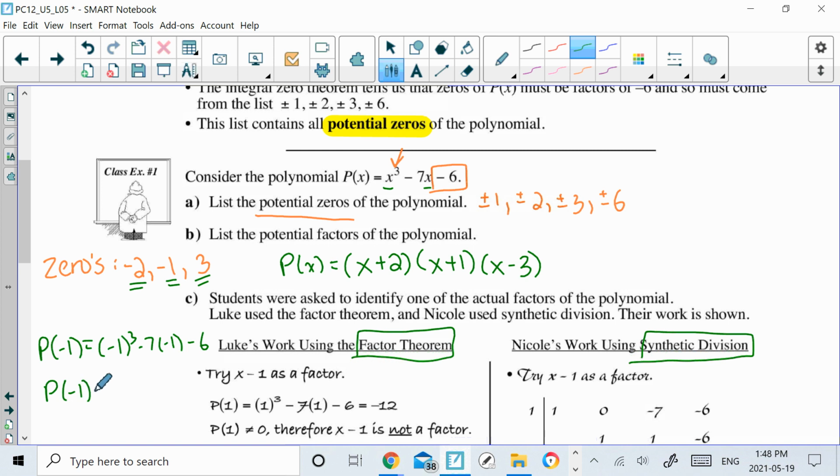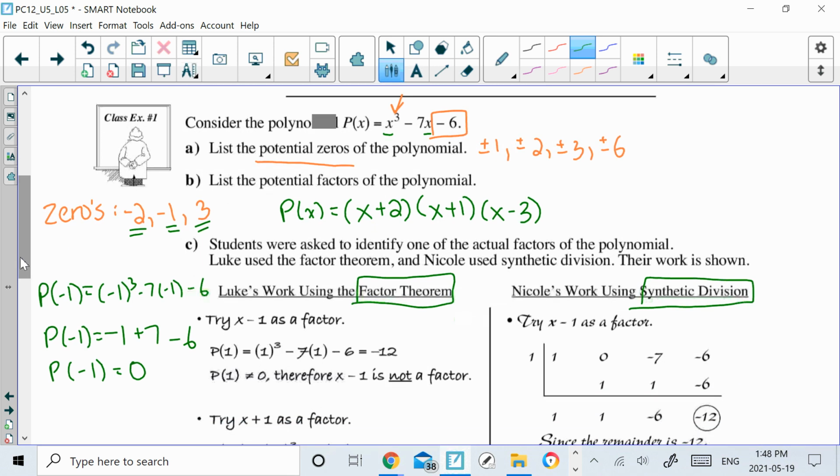P of -1 is equal to -1 plus 7 minus 6. P of -1 is equal to -6 and -1 is -7. -7 plus 7 is 0. If I said I want you to completely factor this using the factor theorem, this is the work that you would need to show.